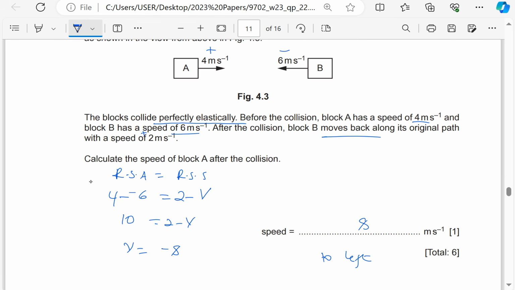The negative just shows that it would move to the left, because when I collect like terms here, it will be negative 8 meters per second, which means it would move to the left. I'm saying velocities to the right positive, velocities to the left negative. If I get a negative answer, it just means that the velocity of A will be to the left. So the answer there is 8.